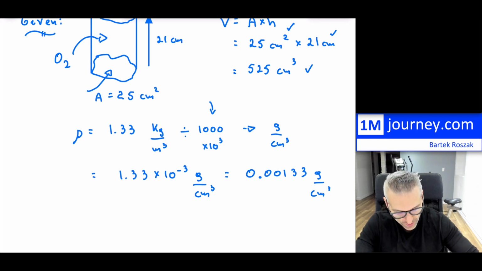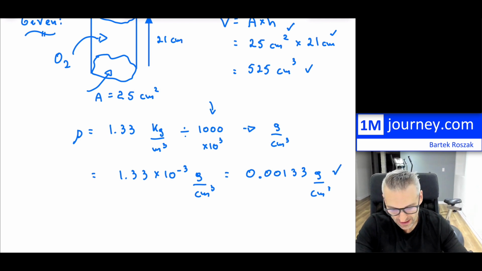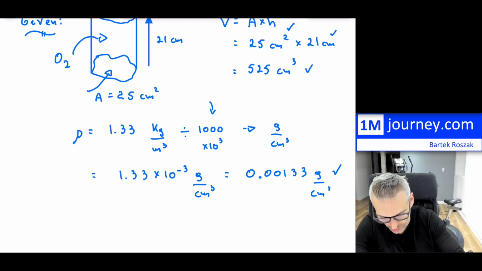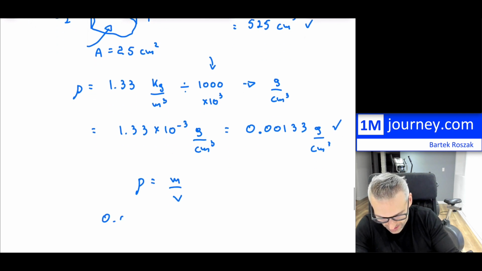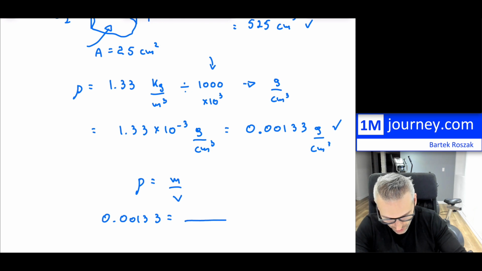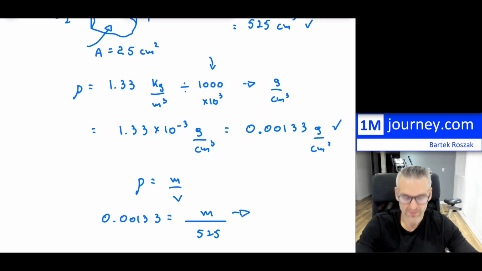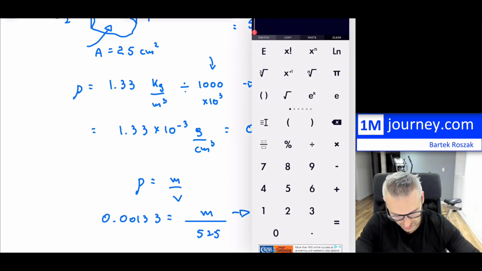Now that we have this density, I can just jump in. I also have the volume. So if I go back in for the mass and the volume and start substituting everything back in here, the volume itself was 525, and I can now solve for the mass. That would have been multiplying both sides by the 525.